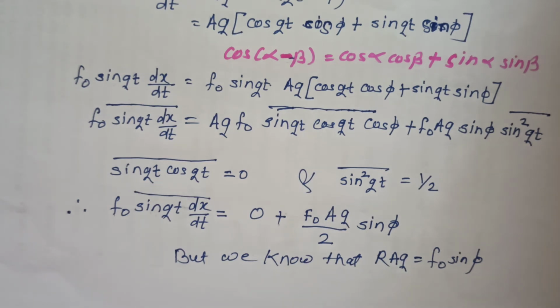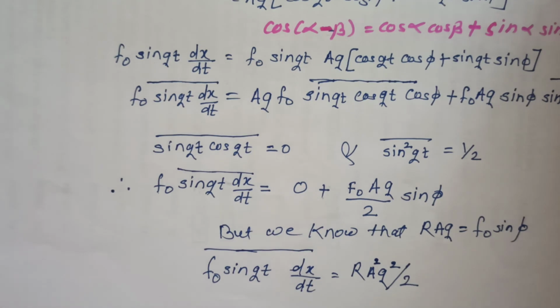Then the average value of F0 sin qt dx/dt is F0 sin φ, that is r a q, times aq/2. Putting this value, it is equal to r a² q²/2.